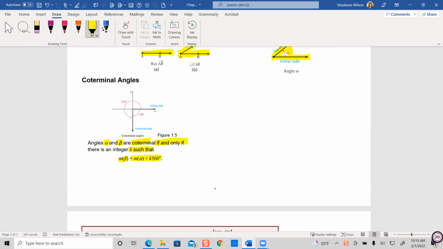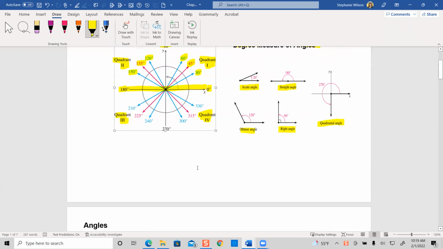Why 360 degrees? Because that's a complete circle. If you look right here at the top, when we come up to here, we get 330, and then right here is where you'll see the 360 degrees.